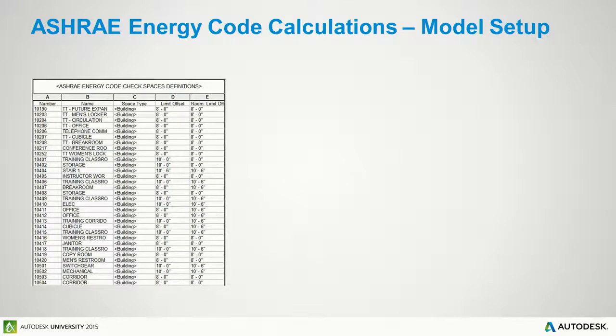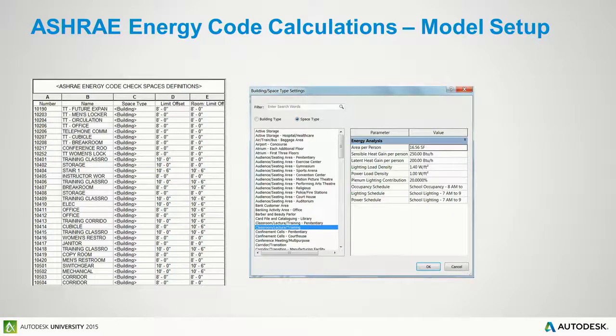And we can either choose to match it or we can deviate from it. The space volume in our model is only used for calculations. It is not used for anything else, so you can make it be whatever you want it to be. It's not going to impact anybody else. And then right here, we've got the space type definition. Revit has this awesome little built-in thing called the building and space type settings under the engineering settings.